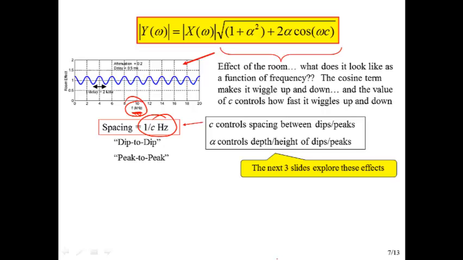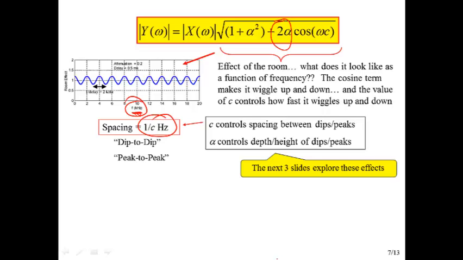So we can see immediately that the delay controls the spacing between the dips and peaks, and it's the alpha that sits out in front here that controls how big the dips and peaks are. So remember, alpha is how much attenuation there is, and c is the actual delay.